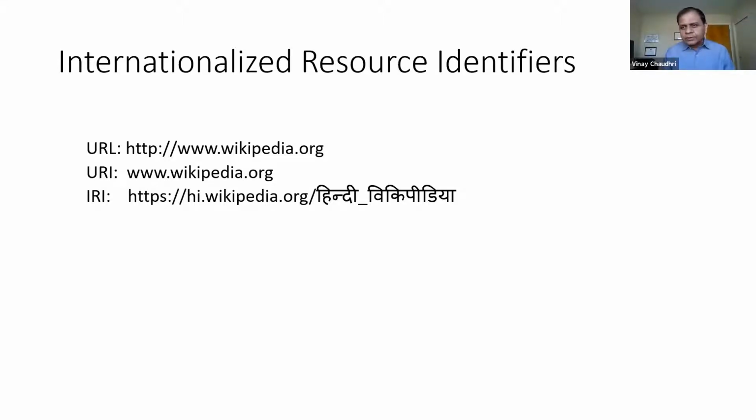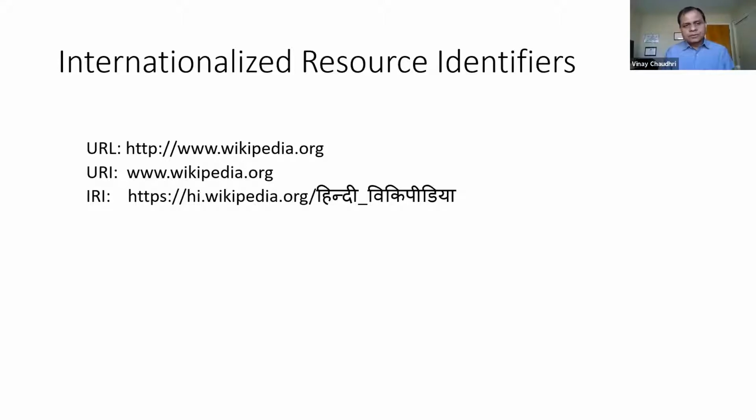URL, we use it on a daily basis when we visit websites, and that's a standard way to access resources through a web browser that all of us are very used to. The main difference between URI and URL is that in a URI, it is not necessary to specify the method of access. In a URL, we are saying we'll be using HTTP protocol, but in URI, we don't have to say that.